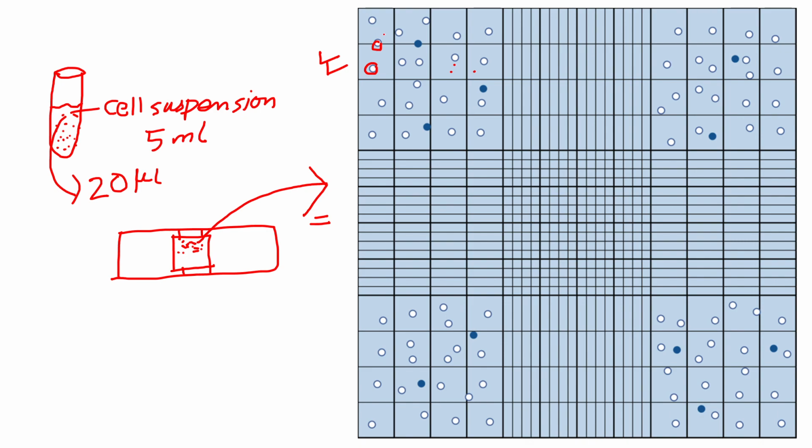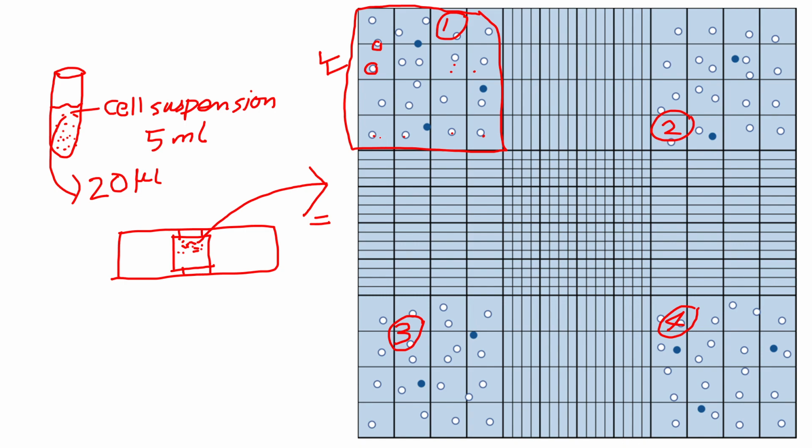For getting the average number of cells, you have to count the number of cells in this quadrant. This is quadrant number 1. Similarly, on the right hand side, this is quadrant number 2, this is quadrant number 3, and this is quadrant number 4.